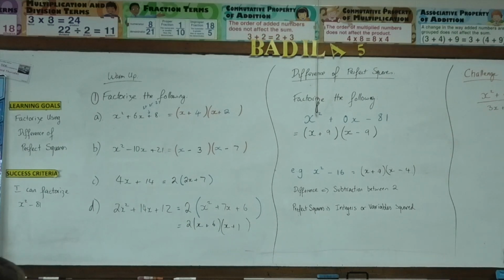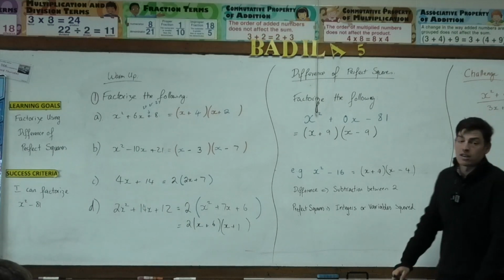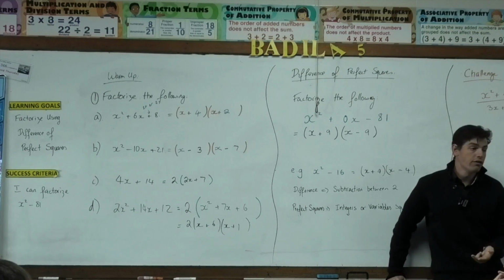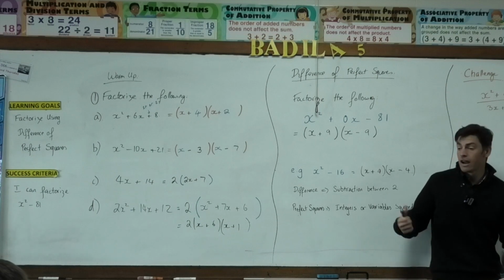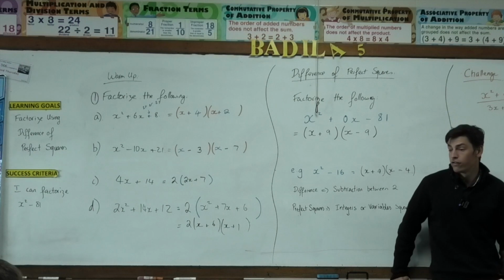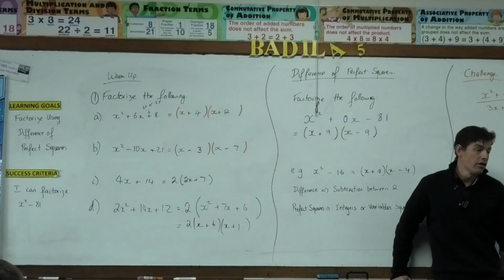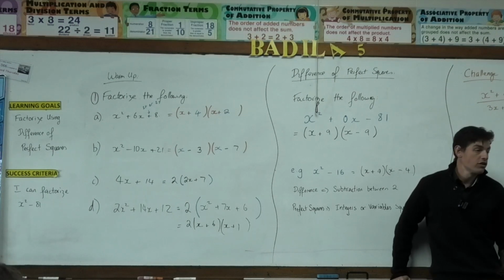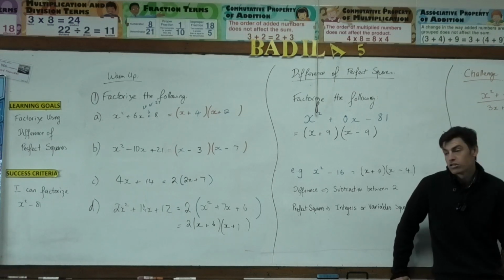Perfect squares, what's a perfect square number? I'll give you some. 4, 9, 25, 36, 49, 81, 64, 121, 144, 225, x squared, y squared, m squared, brackets a, b squared. They're all perfect squares. So what are square numbers?